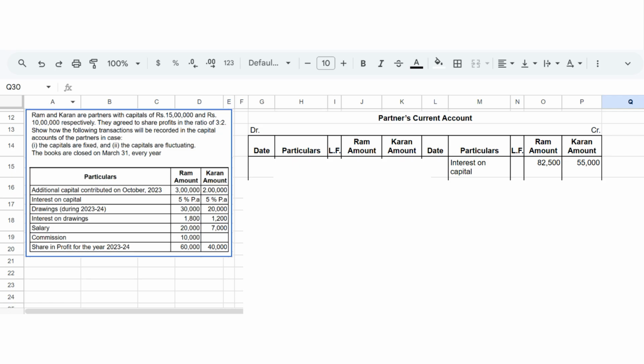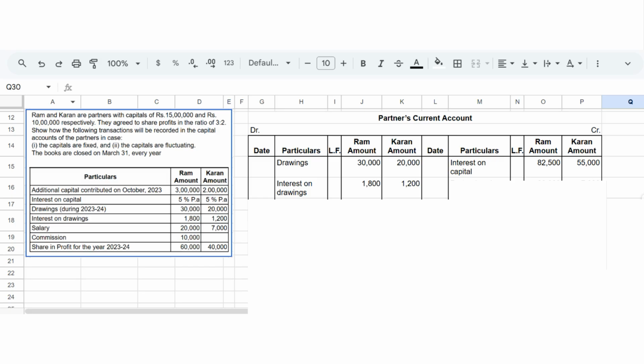Next, drawings. Drawings during 2023 and 24, that is 30,000 and 20,000. So debit side, drawings 30,000 and 20,000. Next, interest on drawings, that is 1,800 and 1,200. Debit side, interest on drawings 1,800 and 1,200.